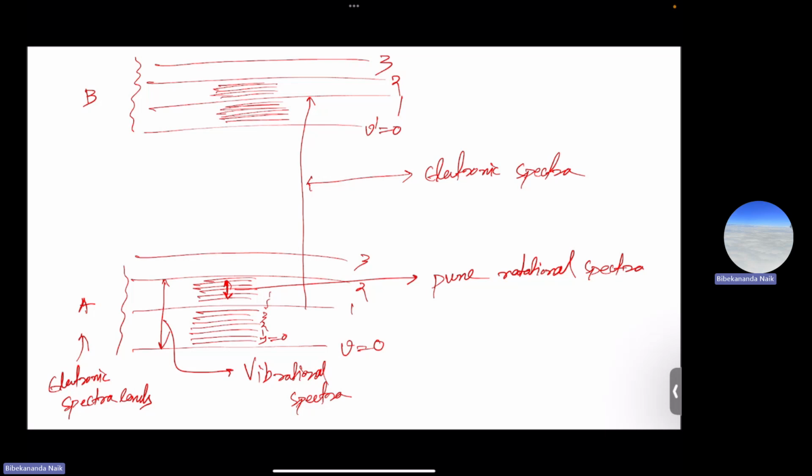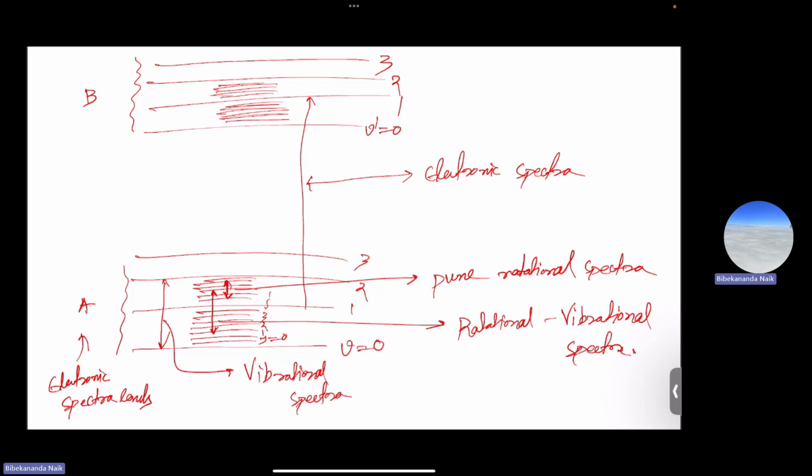Then if the spectra come from rotational levels of different vibrational levels, suppose transition occurs from this level to this level, then this is called rotational-vibrational spectra.